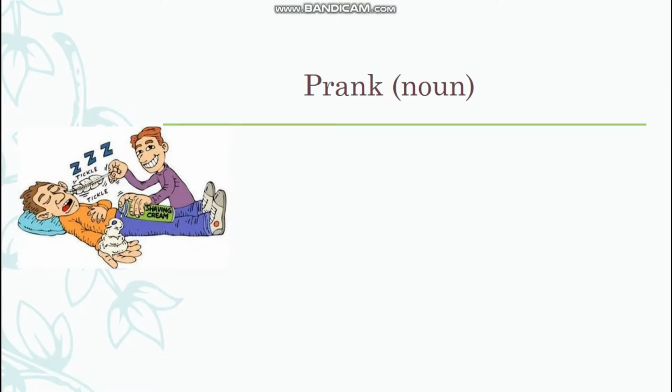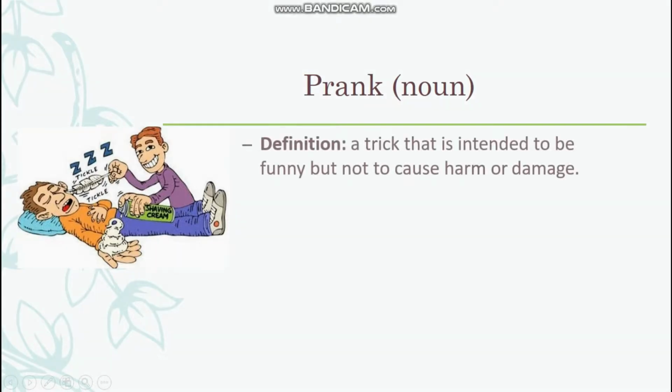And the word prank is actually a noun. As you can see, this is the correct picture of the word prank. The definition is the following. A prank is a trick that is intended to be funny, but not to cause harm or damage.